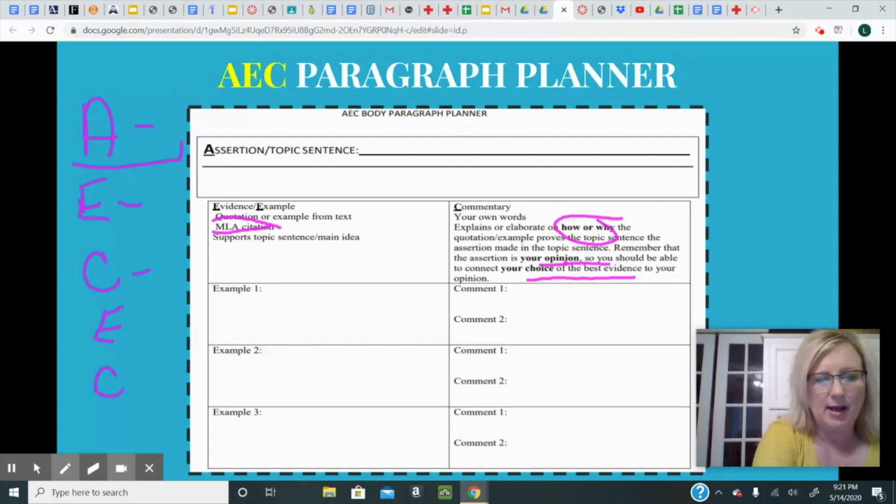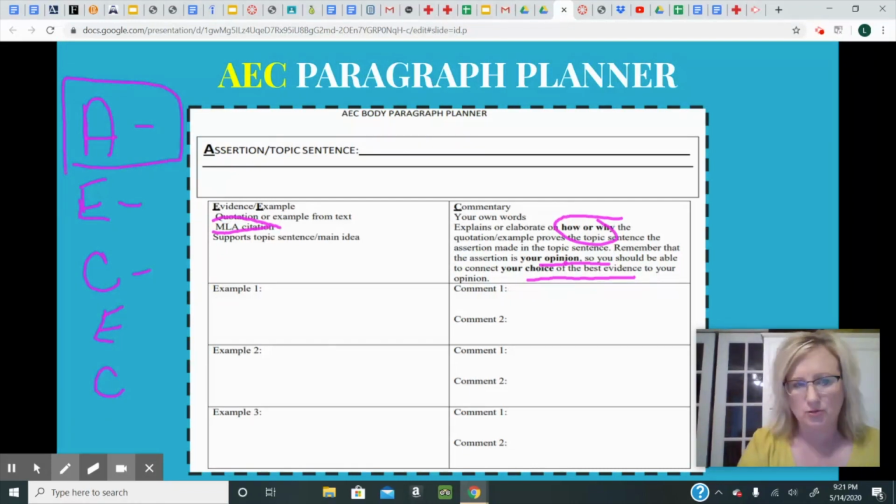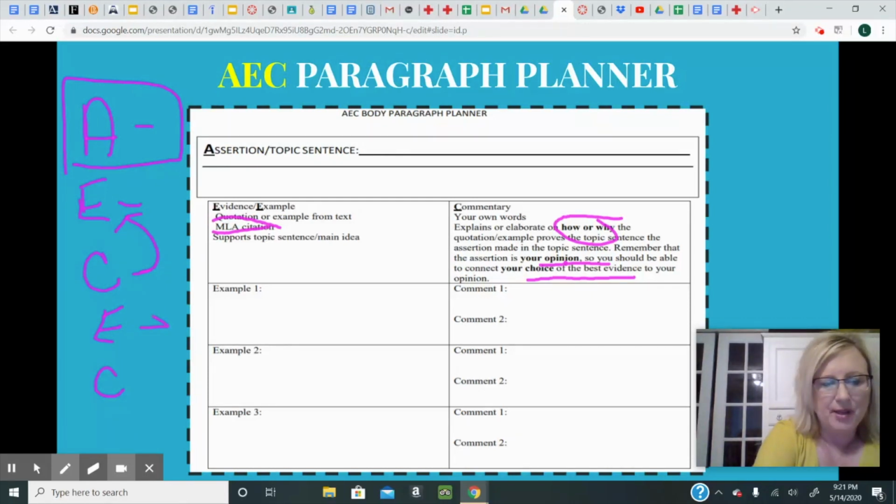Now, again, we would not have to restate the assertion, of course, but we might have additional evidence. So very often, our students might be asked to write a 5-sentence paragraph, which would entail an assertion, evidence, commentary. This commentary supports that piece of evidence, then a new piece of evidence, and then this commentary supports the new piece of evidence. So kind of like evidence 1, commentary 1, like we have here.